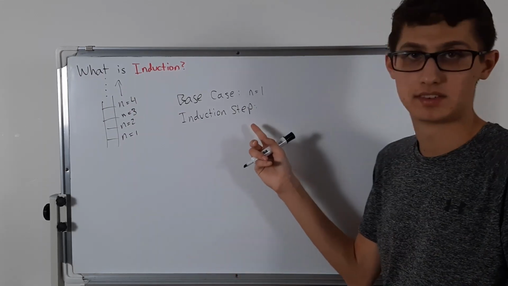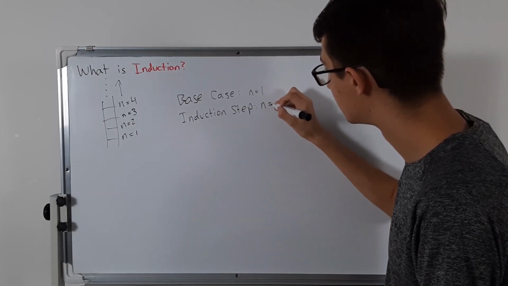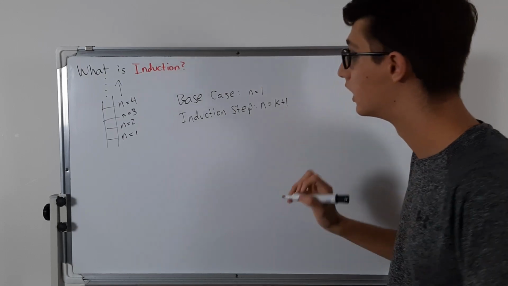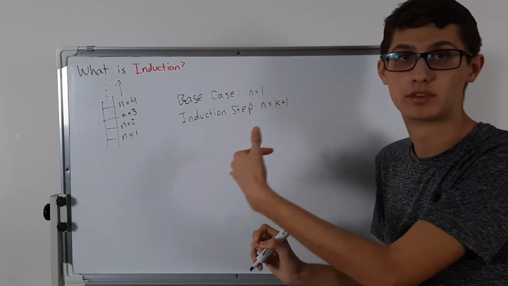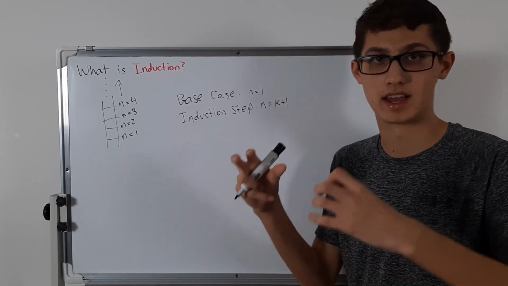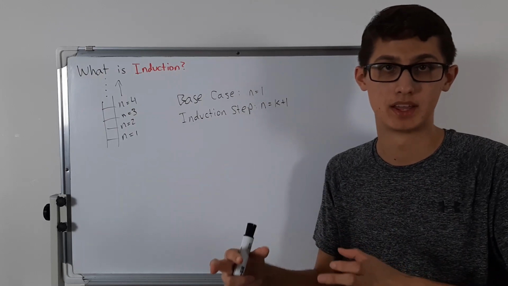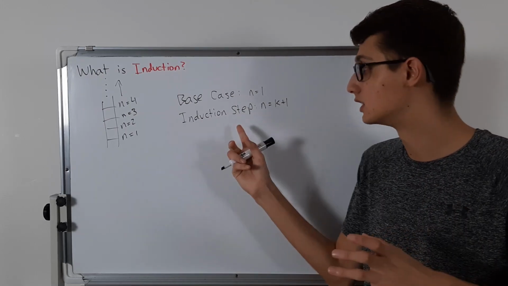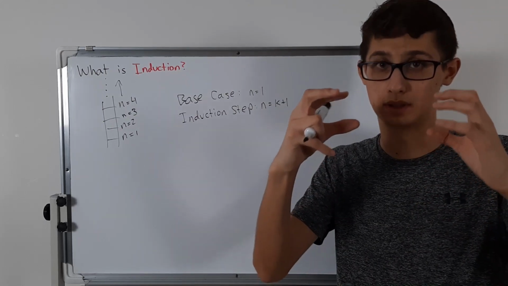The induction step is proving n equals k plus 1, assuming that the claim holds for n equals k. So our assumption is that n equals k works for any natural number k, and then the induction step is saying, okay, assuming that works, let's do n equals k plus 1.